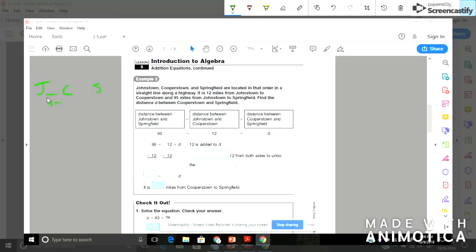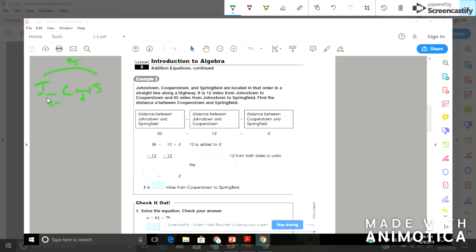And 95 miles from Johnstown to Springfield, so from here to here, it's 95. Find the distance between Cooperstown and Springfield. So here to here is what we're calling D.